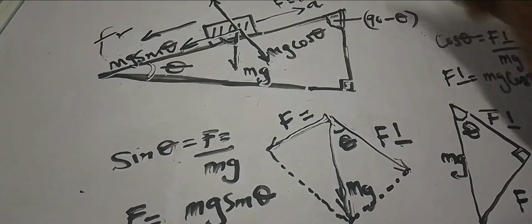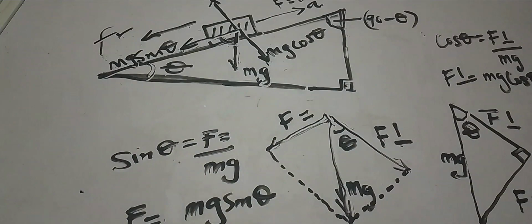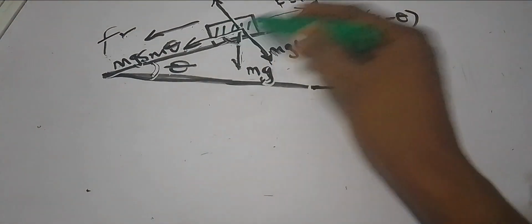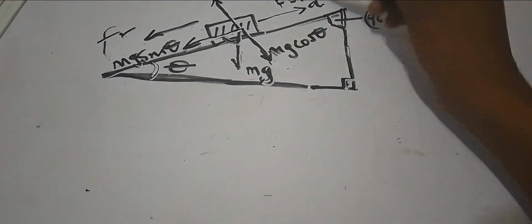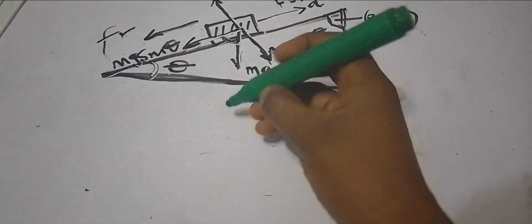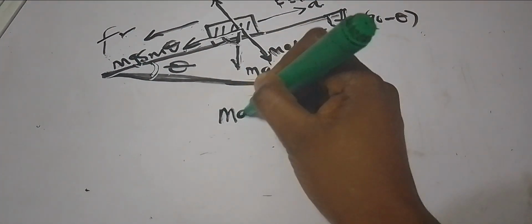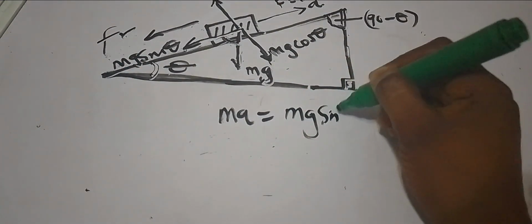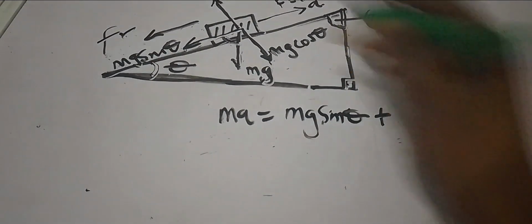So let's derive an equation around these. Since for every action there is an equal and opposite reaction, for this action, F equals ma, that is equal and opposite. So we can say ma equals mg sine theta plus the frictional force.